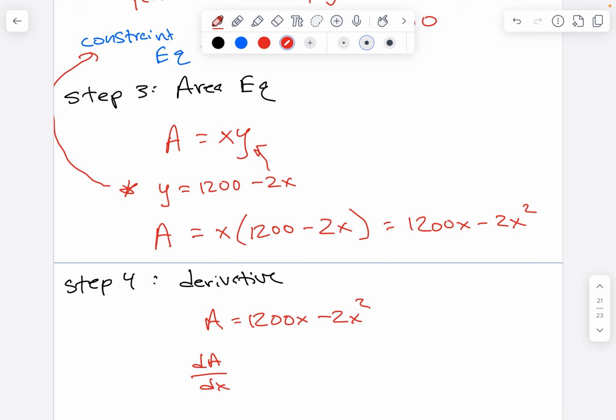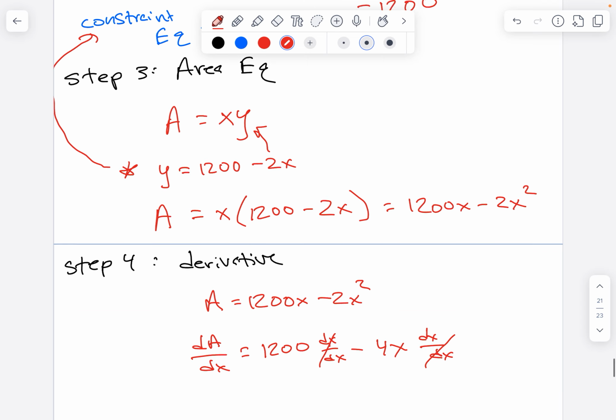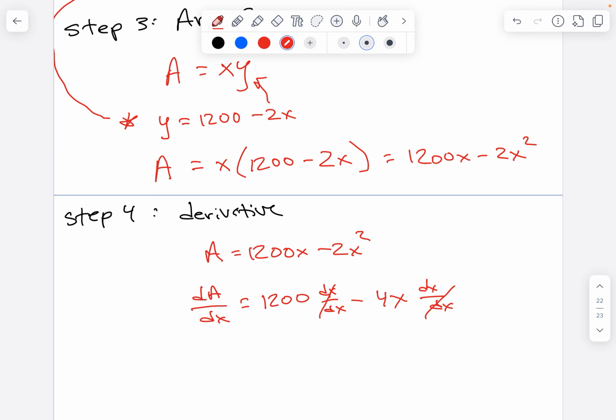Again, this is taking the derivative of A with respect to x, because that is the variable that we are solving for right now. We get 1,200 dx over dx. You don't have to write that. I'm just writing it in to kind of get it into your brain. Every time you take a derivative, it comes with one of these bad boys. But you don't have to write it for now. Minus 4x dx over dx.